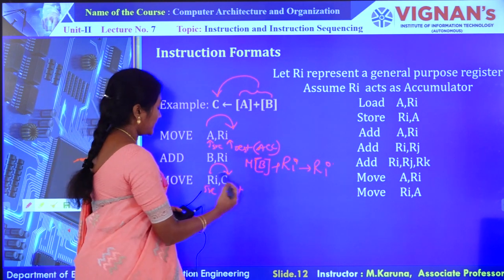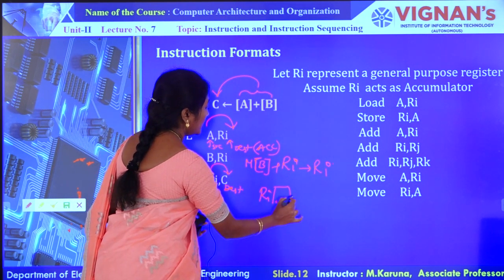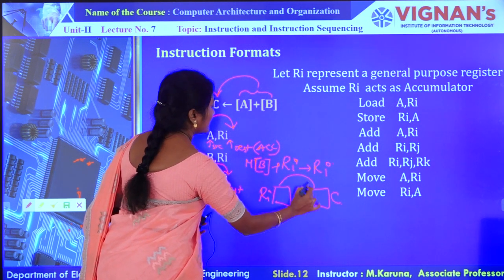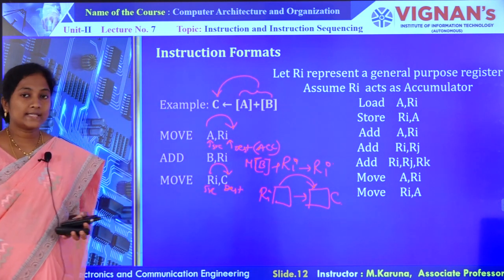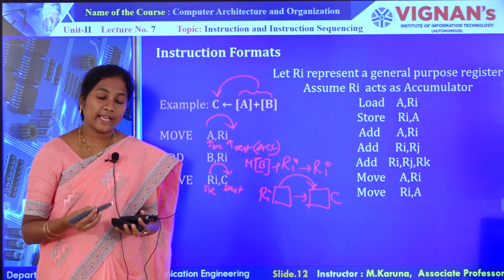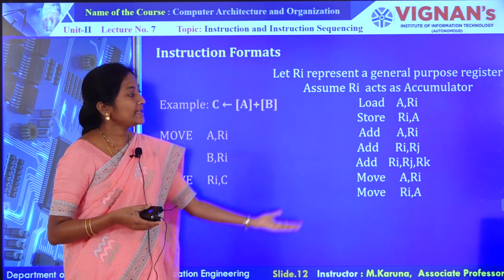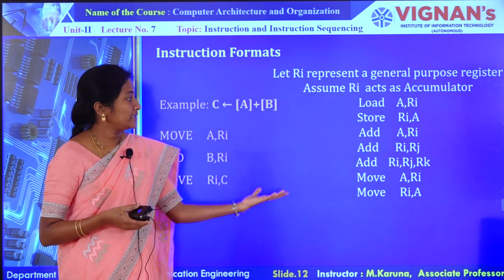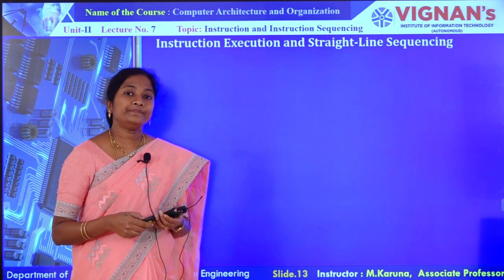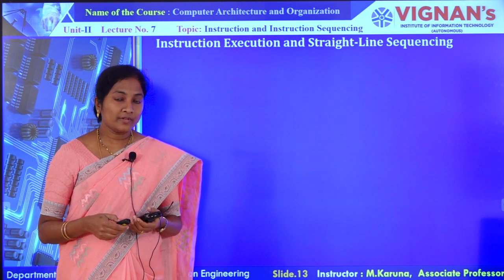Now the data at Ri will be transferred to C. In this way, operation can be performed through accumulator. Likewise, many instructions are there to perform several operations. Let us see how to perform execution of C equal to A plus B with the help of program counter register.